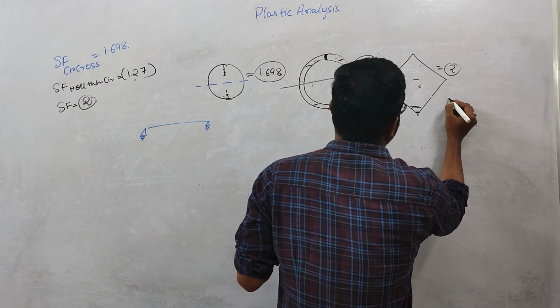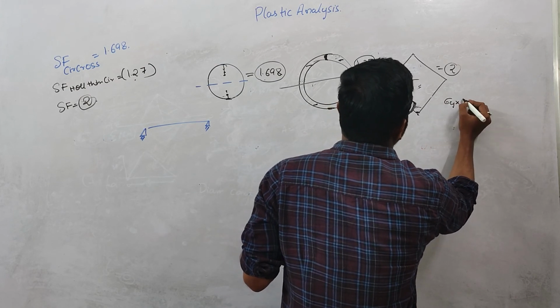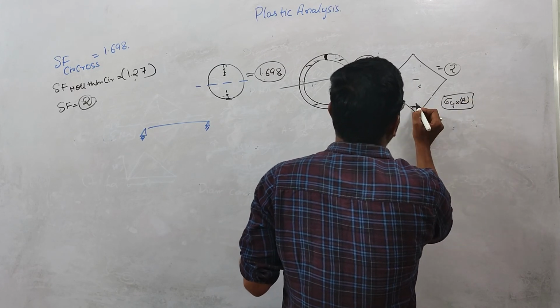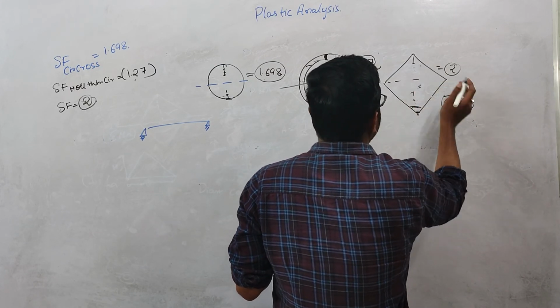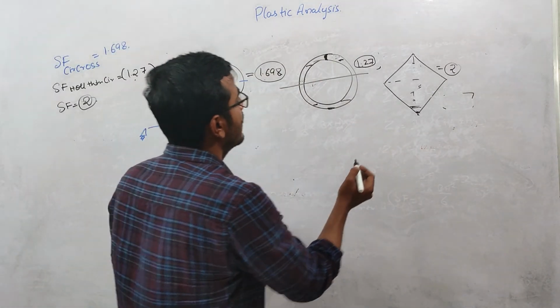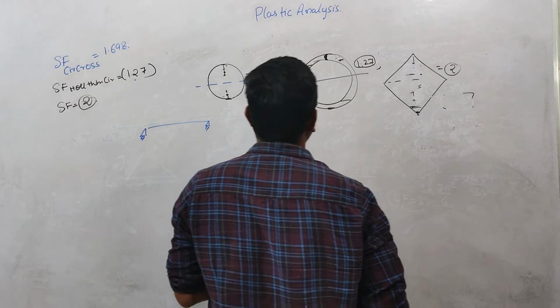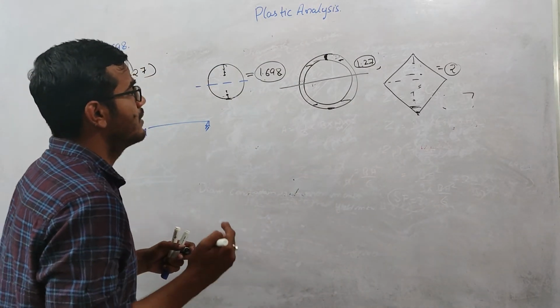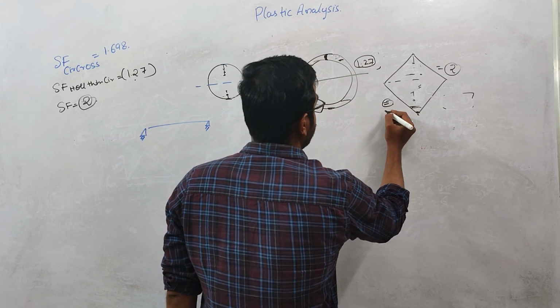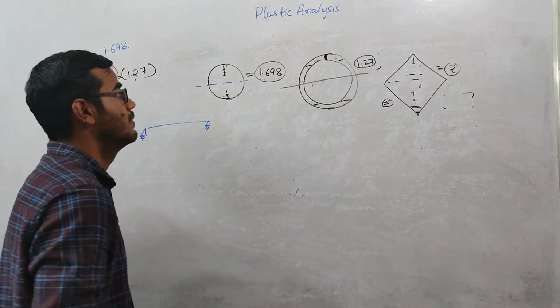So sigma y into area, this value will also increase as we move inside, right? So that's why this shape factor comes out to be 2. As we are moving inside, the area is increasing, and that's why for this cross section the shape factor comes out to be maximum.